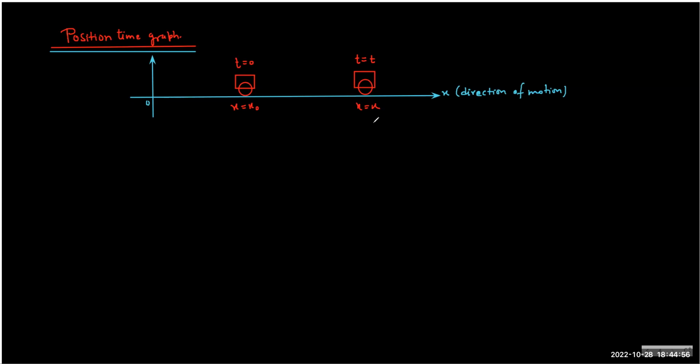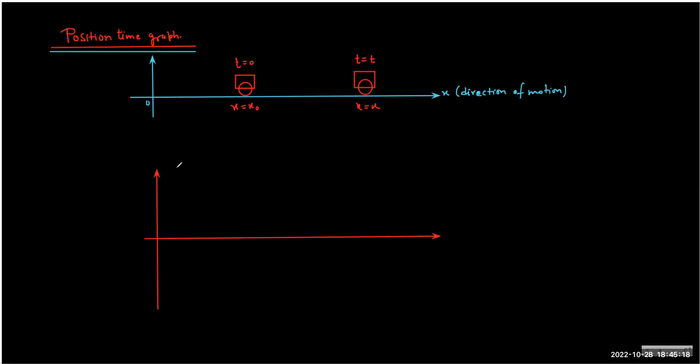But now we would like to plot against the time. So when such motions are plotted against the time, then the direction of motion we make the dependent variable, and time we make the independent variable because time is always independent.